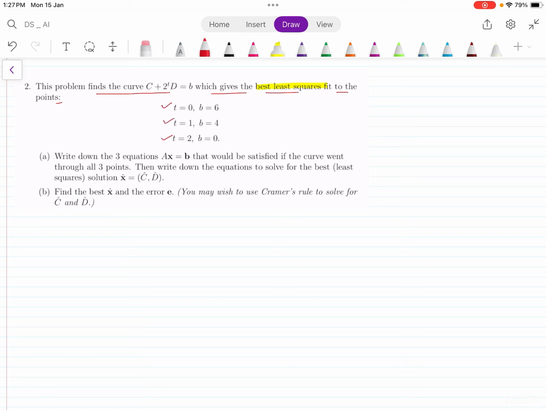Right? So in the first part, what we have to write is the three equations in the matrix form. These points will satisfy this curve, right?